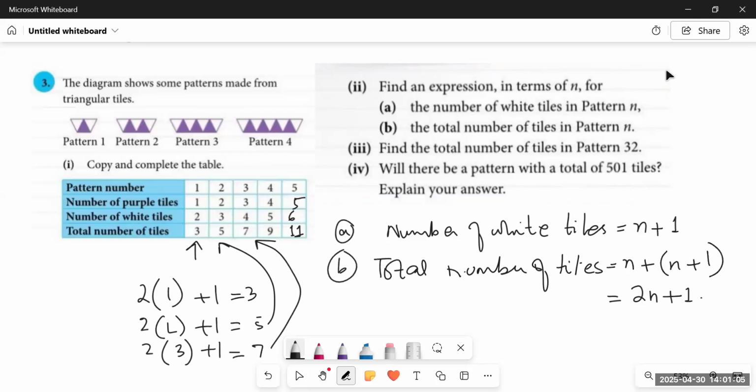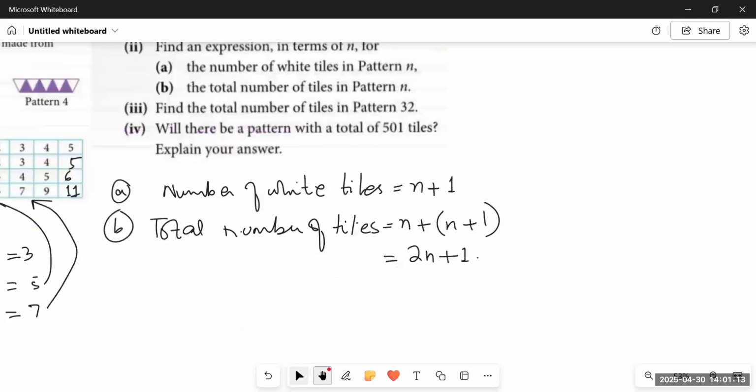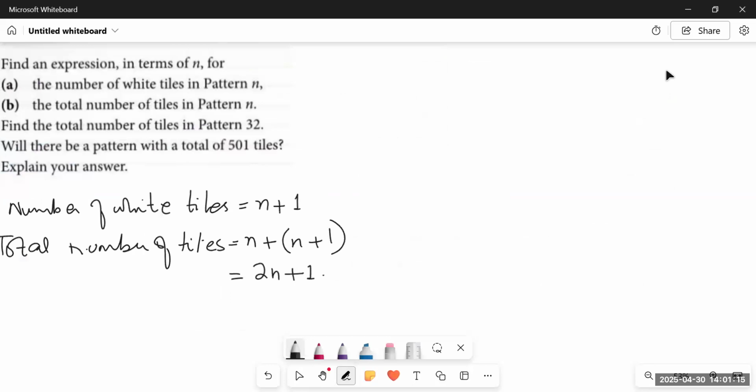So it means we have got the correct expression. Then they're saying find the total number of tiles in pattern number 32. So if we talk about pattern number 32, it would be P32 or T32, where we have the formula n. Let us write it over here. Pn is equal to 2n plus 1. Okay.